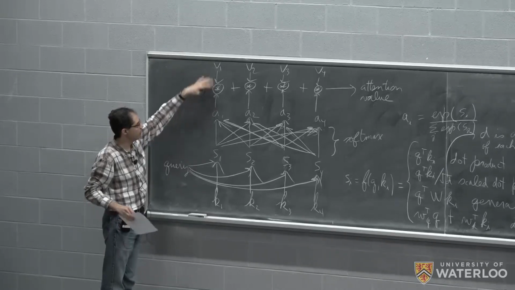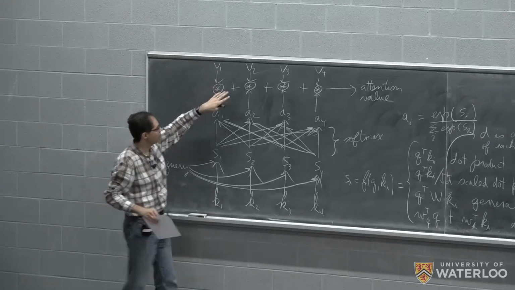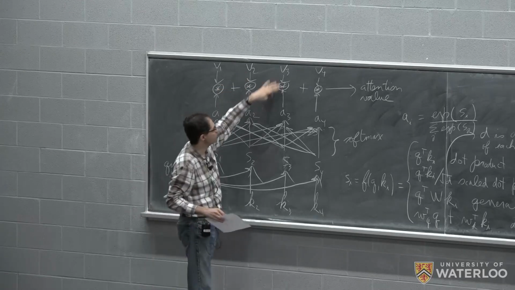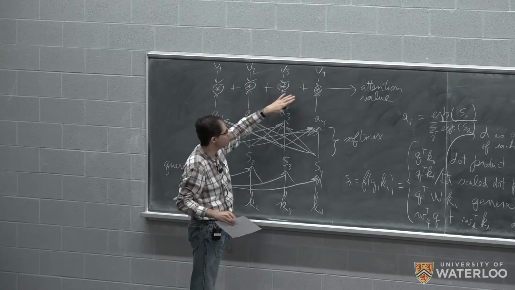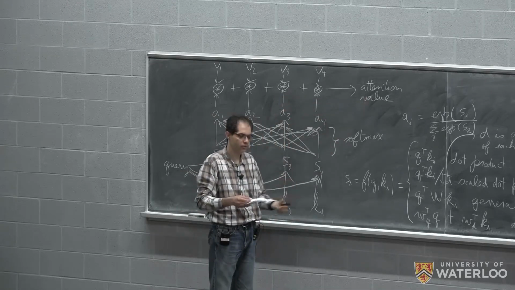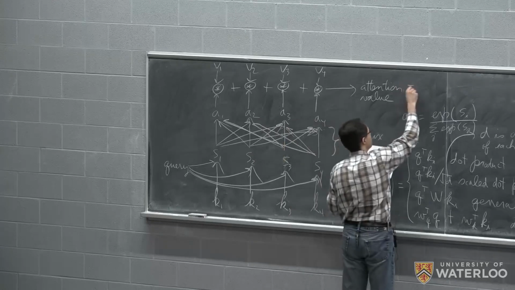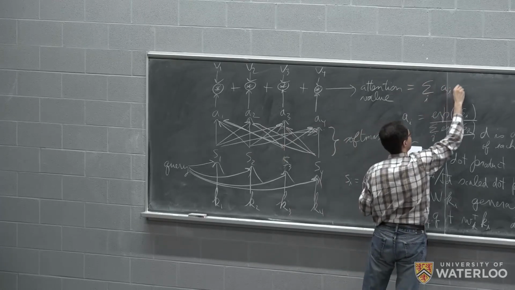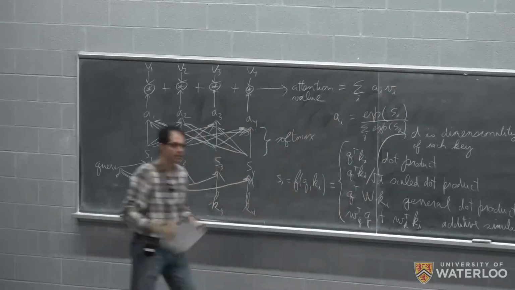So this means that we multiply them, then we add them to the product of A2 by V2, we add this to the product of A3 times V3, and so on, and then this produces the attention value. Okay, so the attention value is just the sum over i of Ai Vi. Okay?